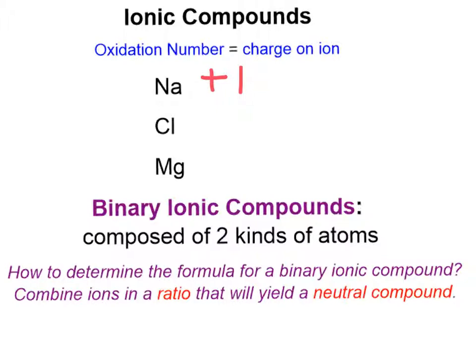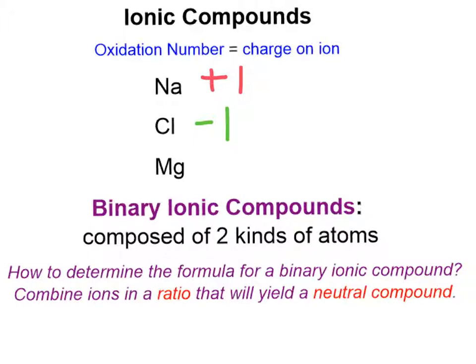Chlorine is on the other side of the periodic table. Remember, it has 7 valence electrons. So it would really like to gain an extra electron to have a noble gas configuration, and so it is going to have a -1 oxidation number because it's going to gain an electron when it becomes an ion.